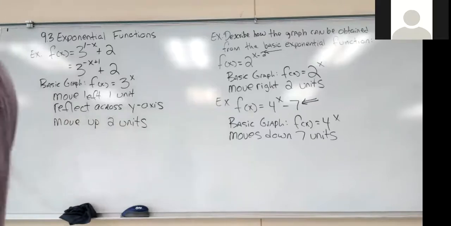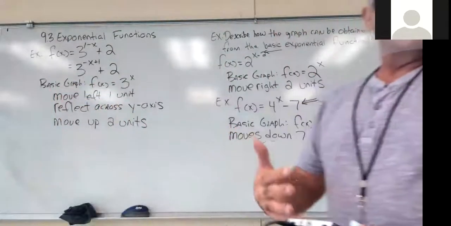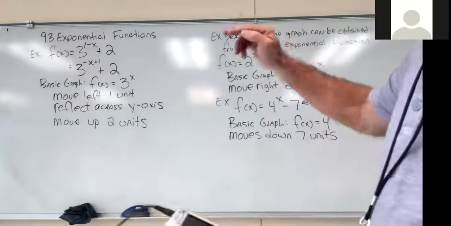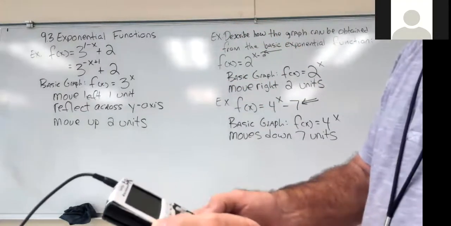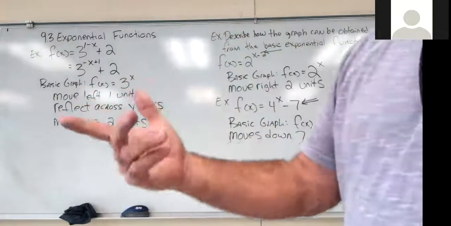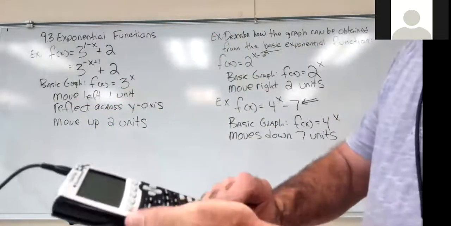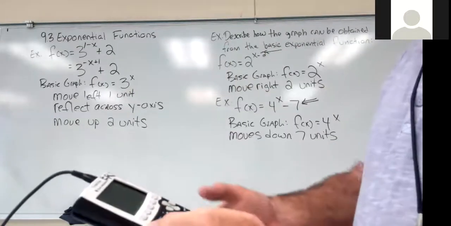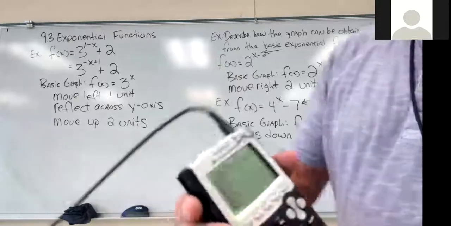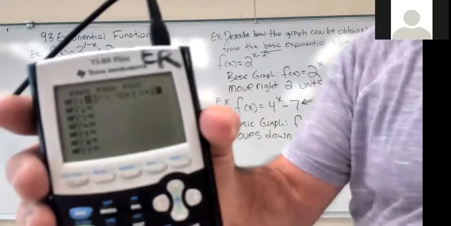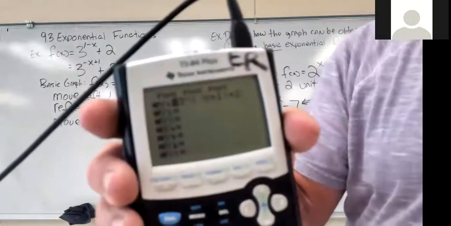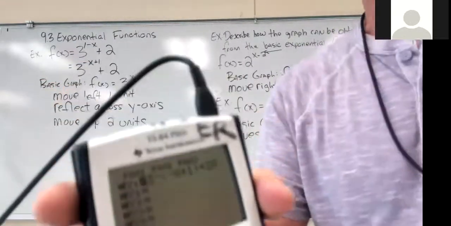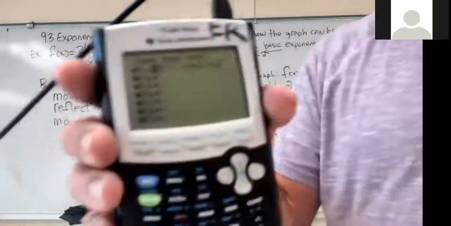That one can be really picky if you got an older calculator like I'm using today. So I would go to y equals. I would put in my 3 first, then my exponent. Since I'm having to use parentheses on mine, that would be a negative x plus 1. Close my parentheses, and then I would do a plus 2. On your newer ones, when you put in that negative x plus 1, make sure you arrow it back down before you put in your plus 2.